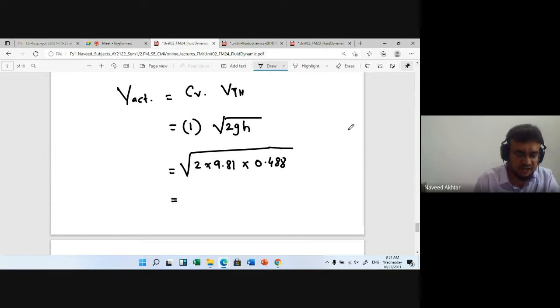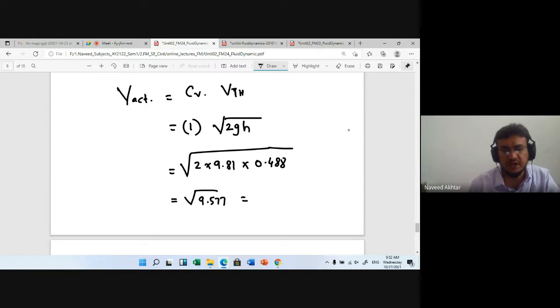It comes to under root of 9.577, which is 3.09 meter per second.